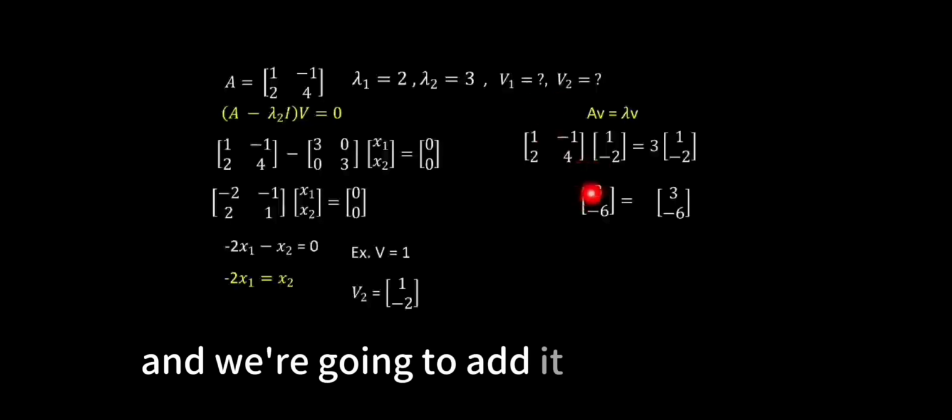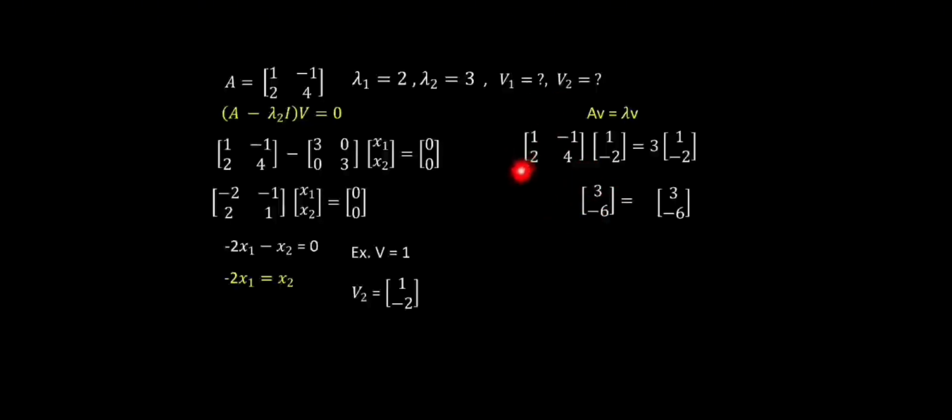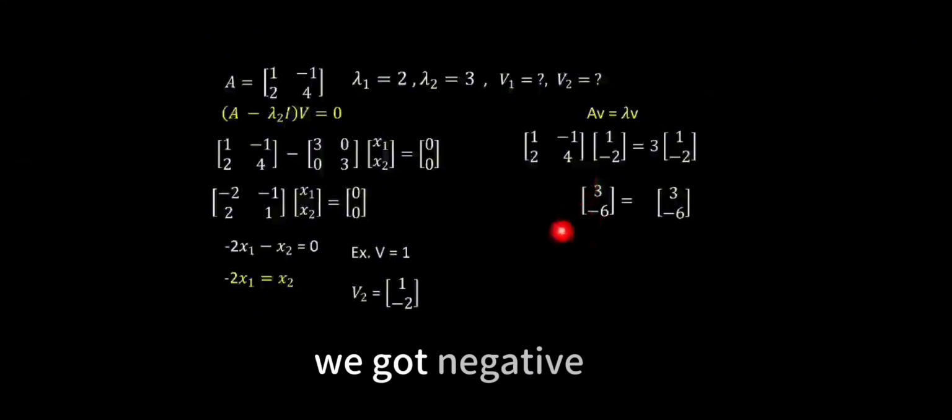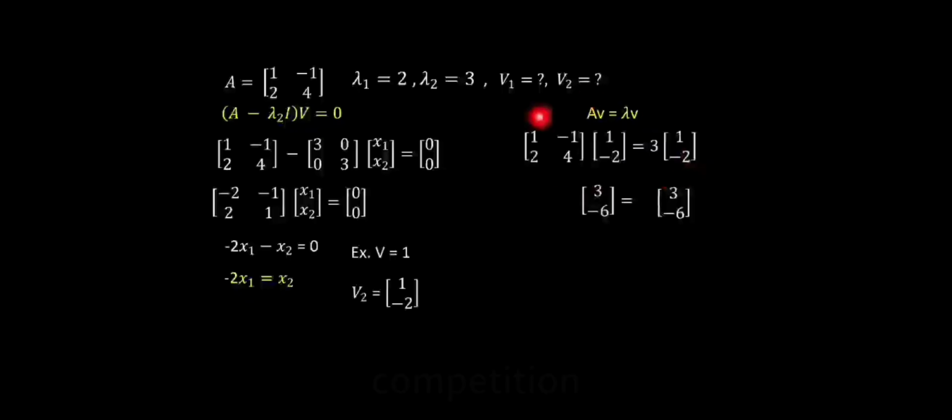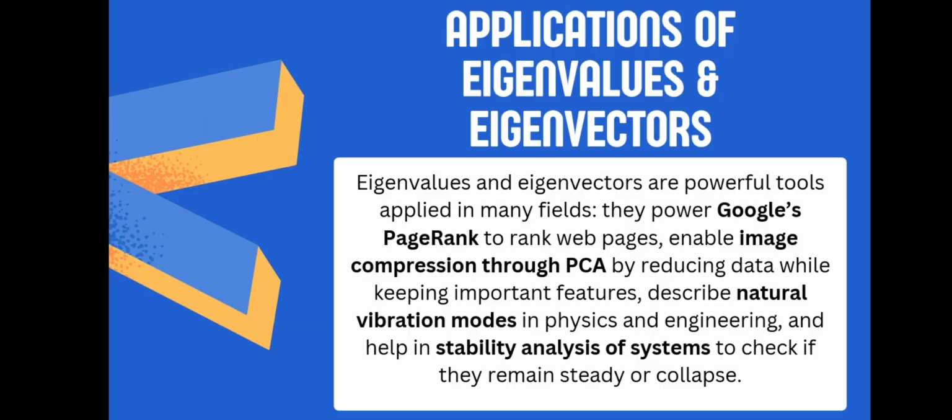We add them, and we have 3. Next, 2 times 1 is 2, and 4 times -2 is -8. 2 plus -8 is -6. So our computation is correct because both sides balance.